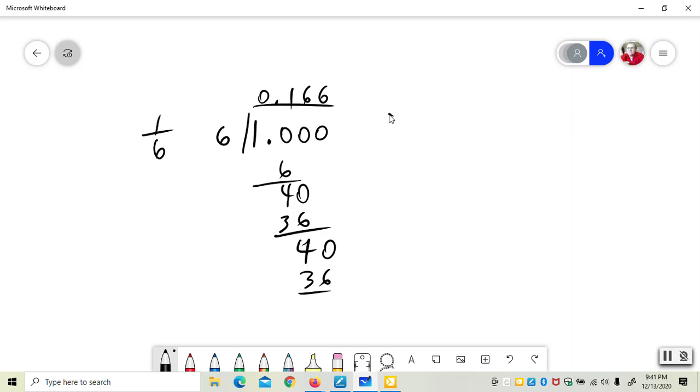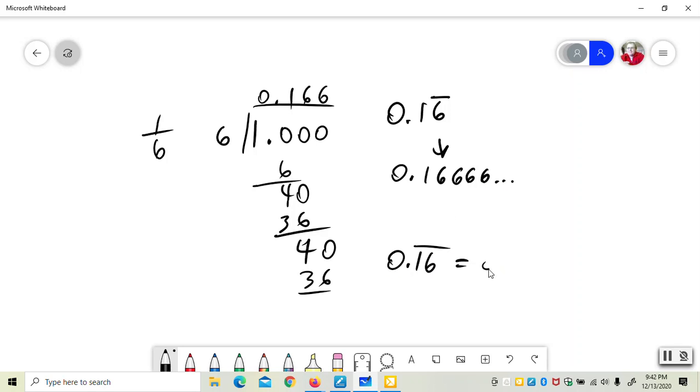So if I were to use the bar notation, I have to do this. It goes only over what repeats, because what this means is the 6's go on forever. If I did this, that's not the same thing. This would mean 1 6, 1 6, 1 6, 1 6, so this here is not the same as that. And in fact, that would be wrong to give for an answer for that.